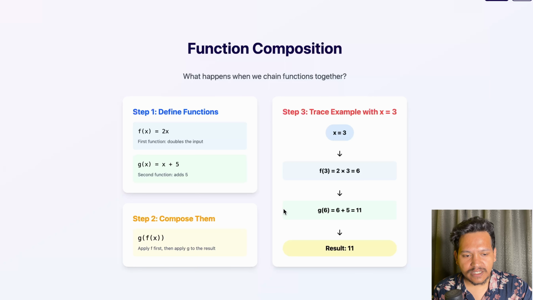In the function definition for g(x) we have x plus 5. Whatever value we get from f(x), we just have to replace it with the x in here. In our previous step we got the value 6, so we have the input for g(x) as 6. So 6 plus 5 we get 11. So here's the result, that is 11.